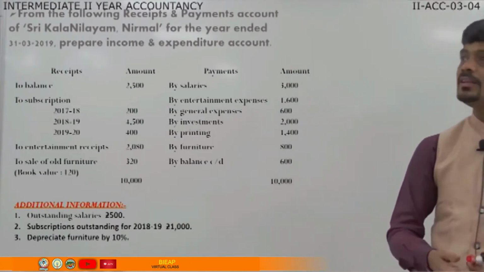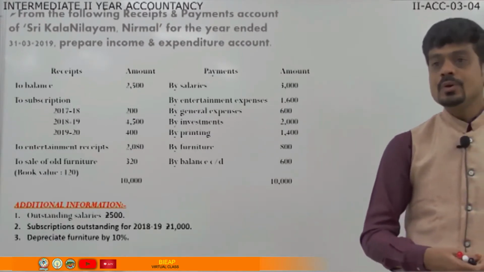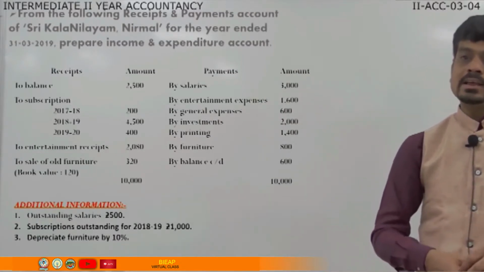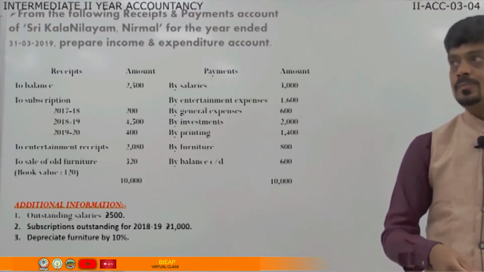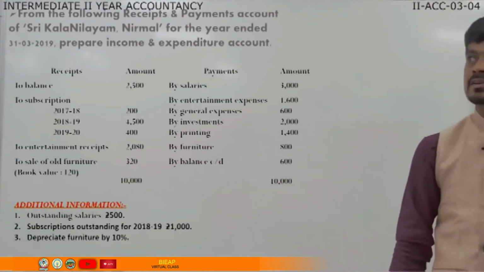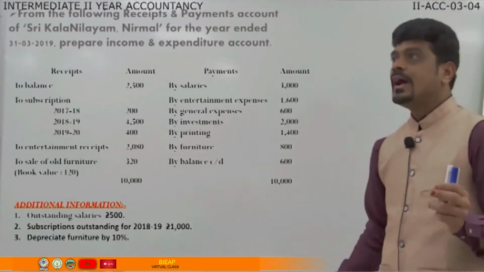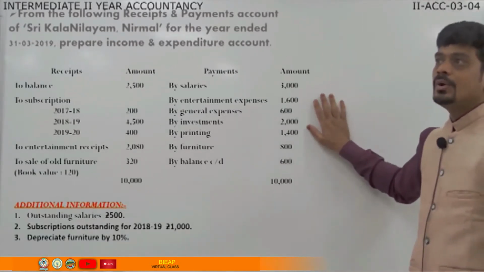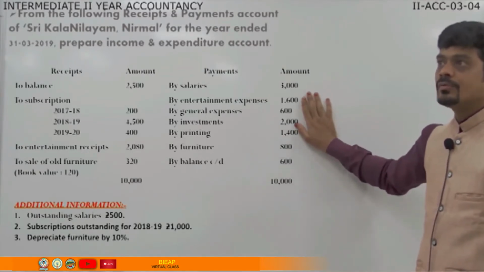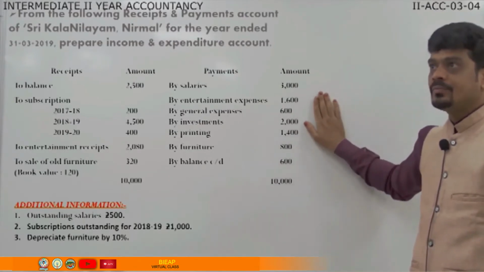So, before starting the solution, let me give you a review, a sort of revision or guidelines to prepare income and expenditure account. Whenever you are asked to prepare income and expenditure account, first, you are going to keep the nominal account rule in mind.